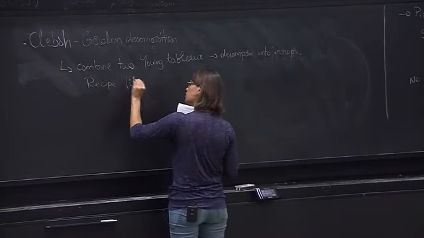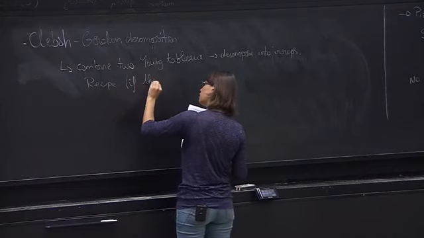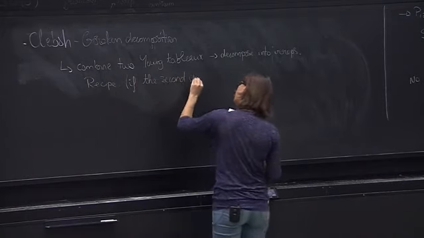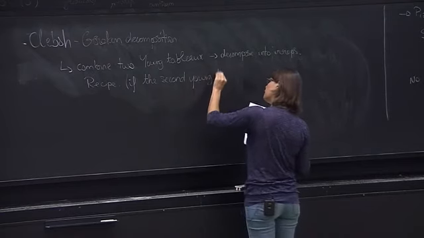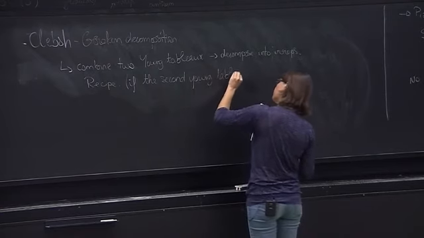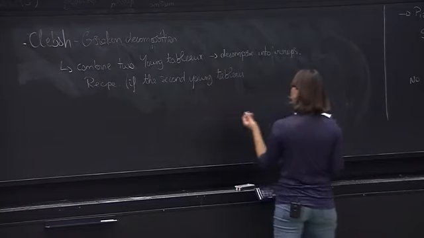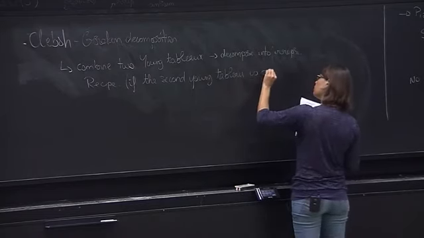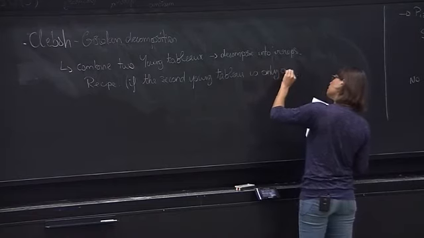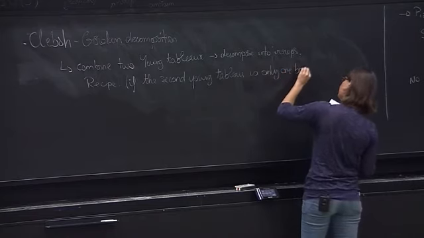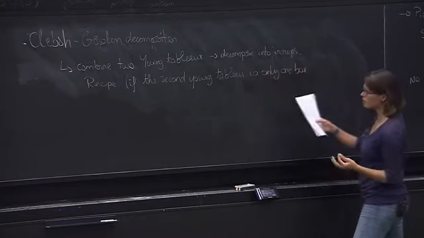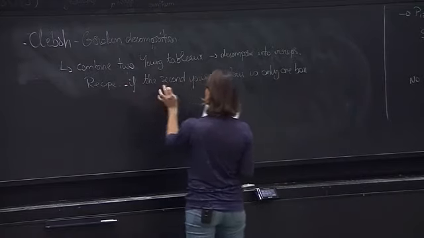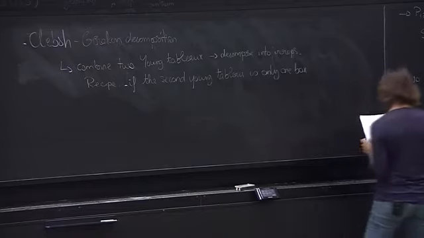So let's do it simple for the moment. If the second Young tableau is just a box, meaning that in fact you're just dealing with a vector. To give you an idea how things work, and then you can of course generalize this recipe for much more general Young tableaux.